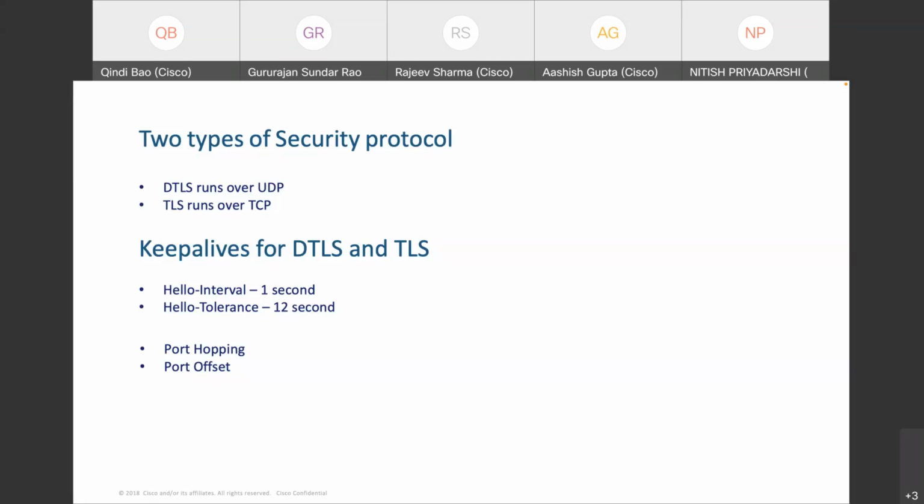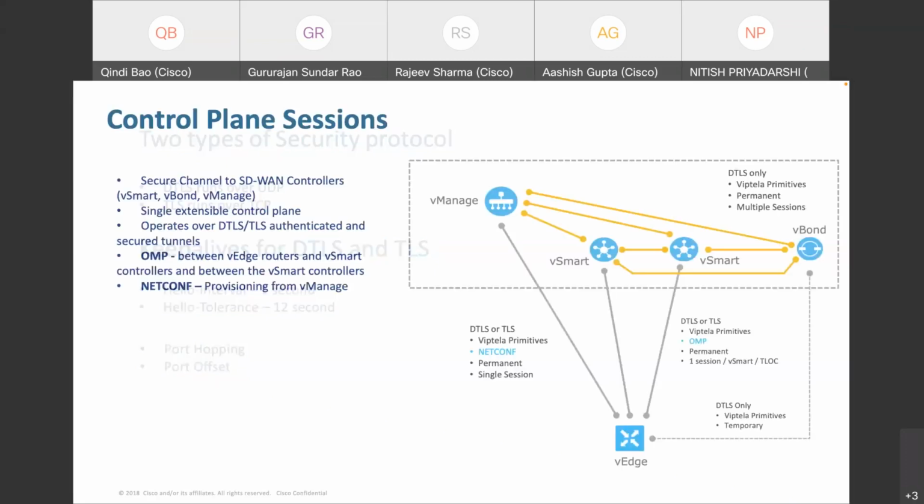For port offset, in case your firewall blocks those ports, you can define the offset. It will add the offset value to the default predefined port number. So that's called port offset. By default, they are enabled, and you can change the configuration if you want. They are defined in the system configuration. Let's move to the next.